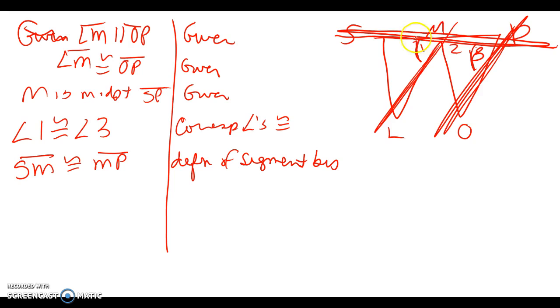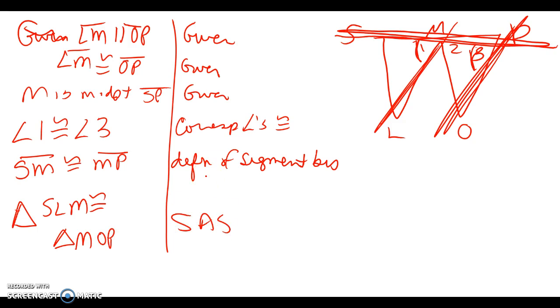And then that means we have a side angle side. So again, what we're trying to prove here is SLM is congruent to MOP by side angle side. I know this is a little bit messy, but I'm hoping you can make sense of it.